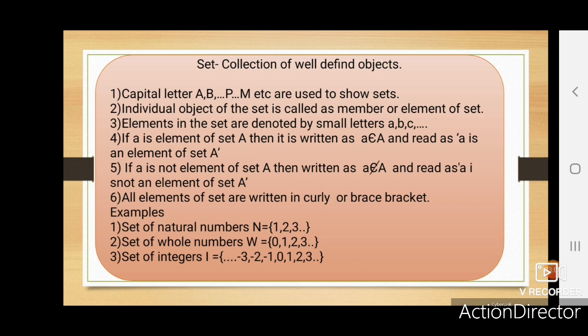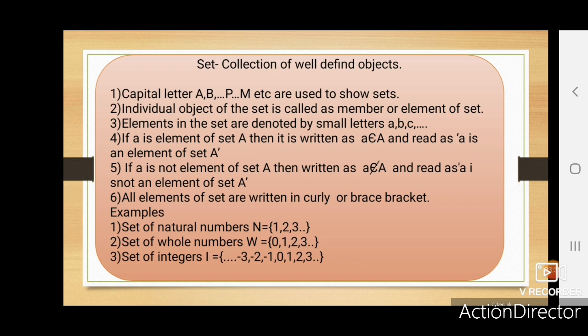Examples. First example: set of natural numbers N is equal to, in brace brackets, 1, 2, 3 and so on. Second example: set of whole numbers W is equal to 0, 1, 2, 3 and so on.